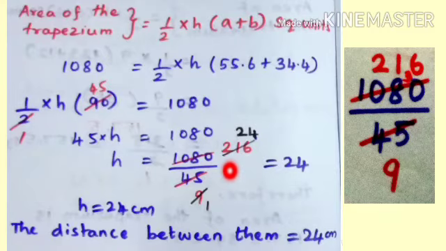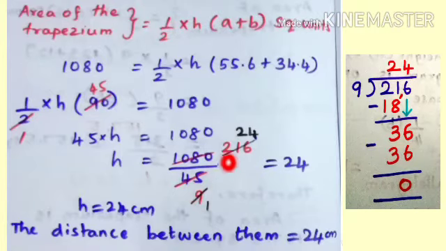Again cancelling 9 and 216 by the 9th table, here it is 24 and in the denominator it is 1. So thus we get h as 24 centimeter, which is the distance between the parallel sides A and B. The height of the trapezium is 24 centimeter.